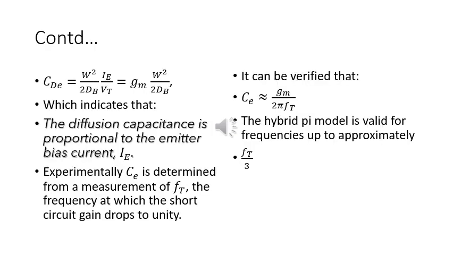Continuing, CD is equal to W square upon 2DB times IE upon Vt, which is equal to gm W square upon 2DB. This indicates that the diffusion capacitance is proportional to the emitter bias current, i.e. experimentally C is determined from a measurement of fT, the frequency at which the short circuit current gain drops to unity. It can be verified that C is approximately equal to gm upon 2 pi fT. The hybrid pi model is valid for frequencies up to fT by 3.